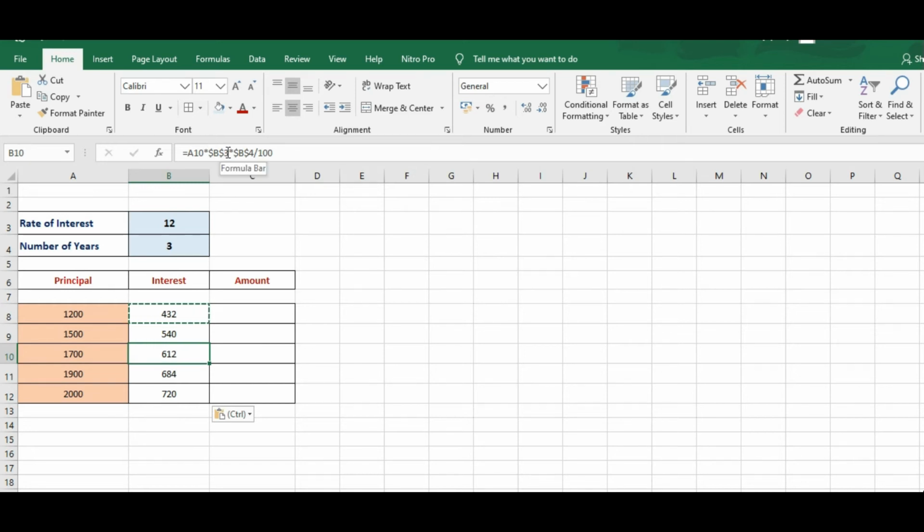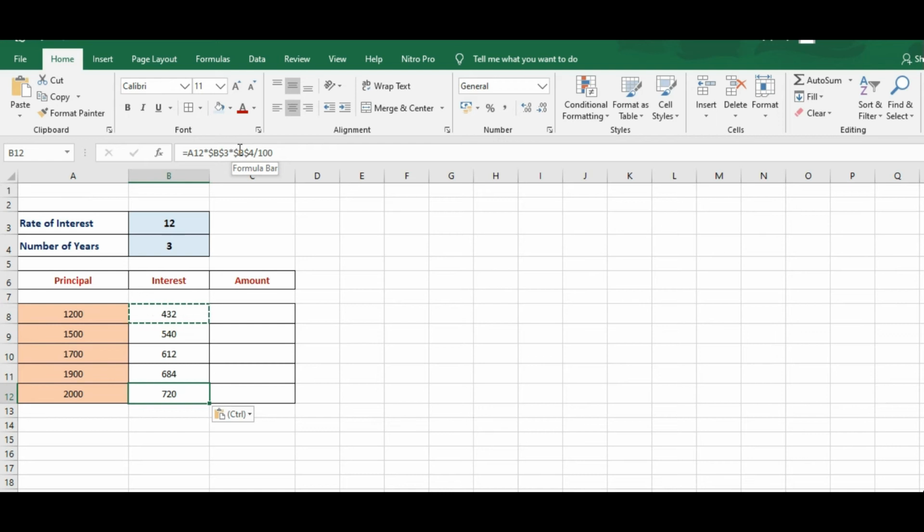No matter where it is copied to, the cell references of B3 and B4 are not getting changed. So with the help of the dollar sign, we can achieve absolute referencing.